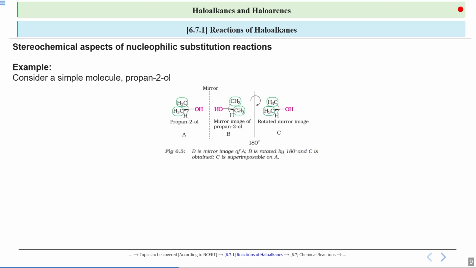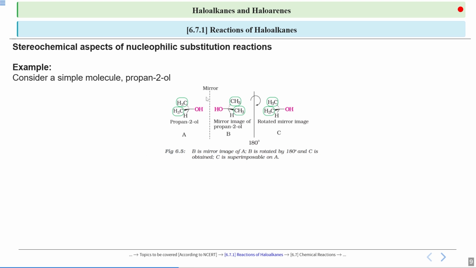Now take compound B and rotate it by 180 degrees in the clockwise direction, and you will get this rotated mirror image, which we call C, where the carbon is here, attached to the hydrogen, two methyl groups and the hydroxyl group.